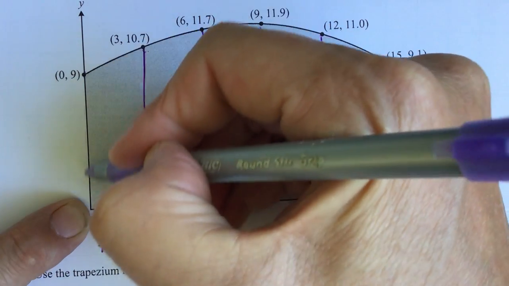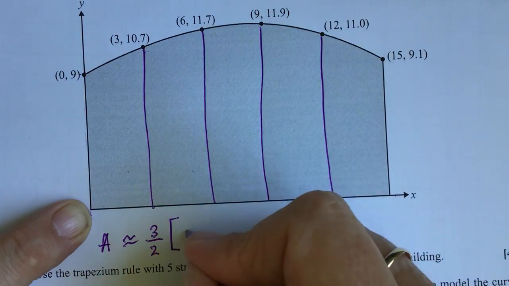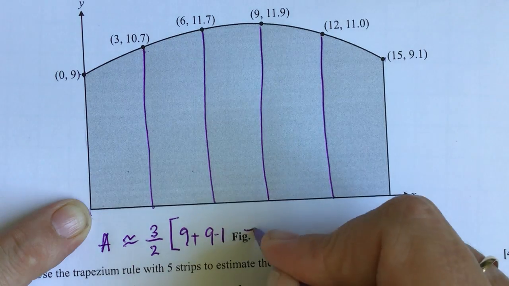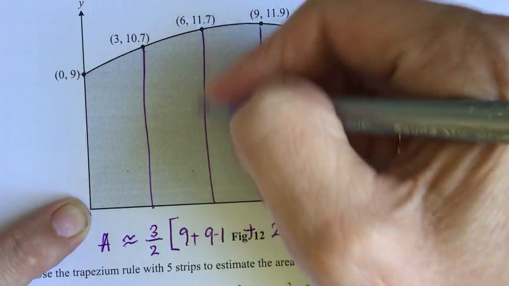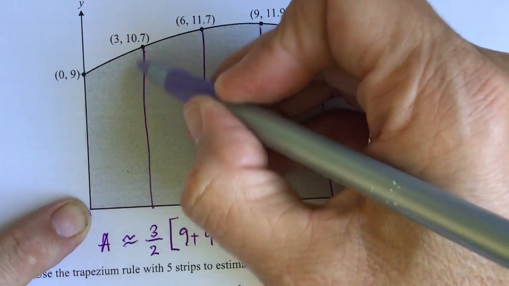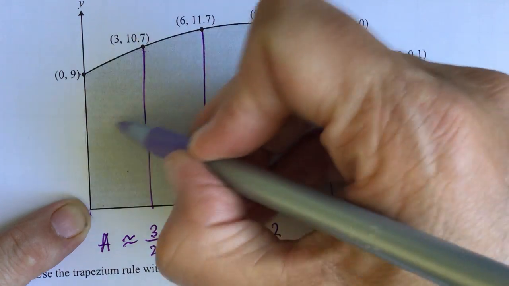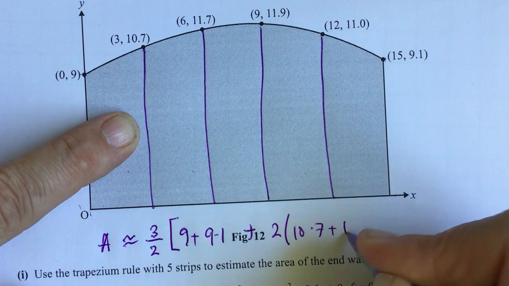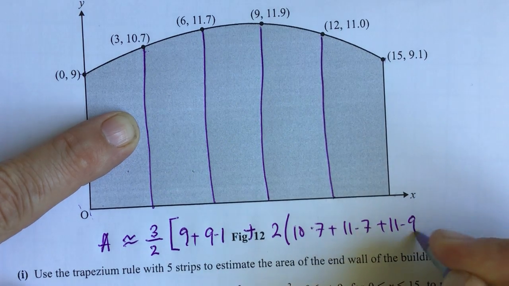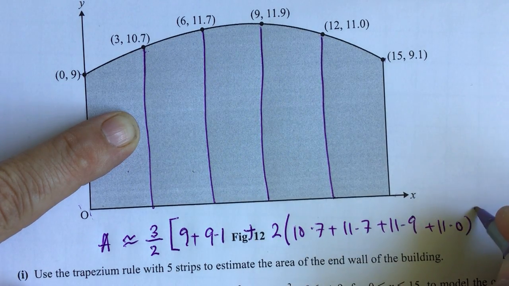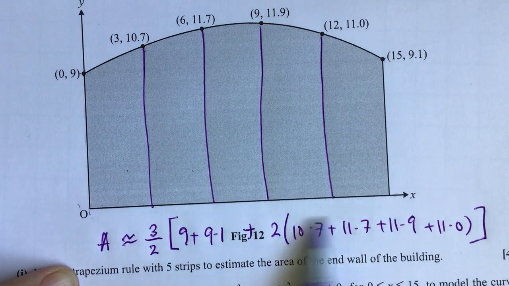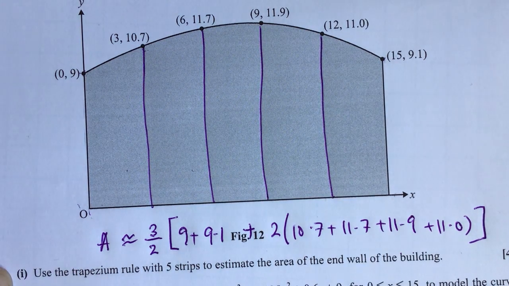Then it's this height, which is 9, and this height here, which is 9.1, and then 2 lots of each of these heights, because each of these is in 2 trapeziums. So 2 lots of 10.7 plus 11.7 plus 11.9 plus 11.0. Work it out, put it in your calculator, and that's your answer to the first part, 4 marks.